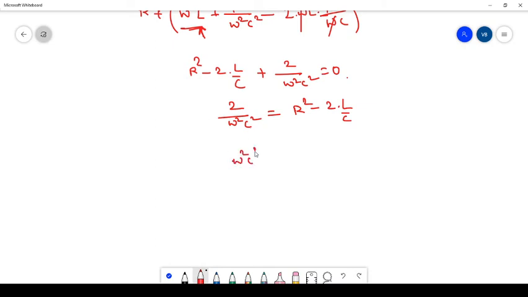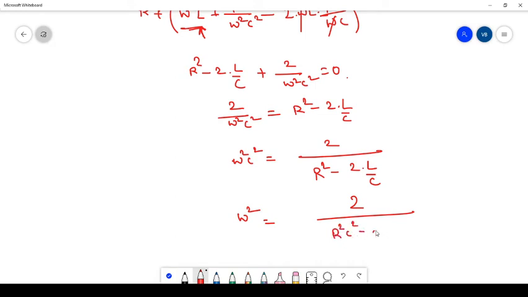So omega square C square is equals to 2 by R square minus 2 into L by C. So omega square equals to 2 by C square, that is R square C square minus 2 into C square into L by C. So omega is equals to under root of 2 by R square C square minus 2LC. Just one minute.